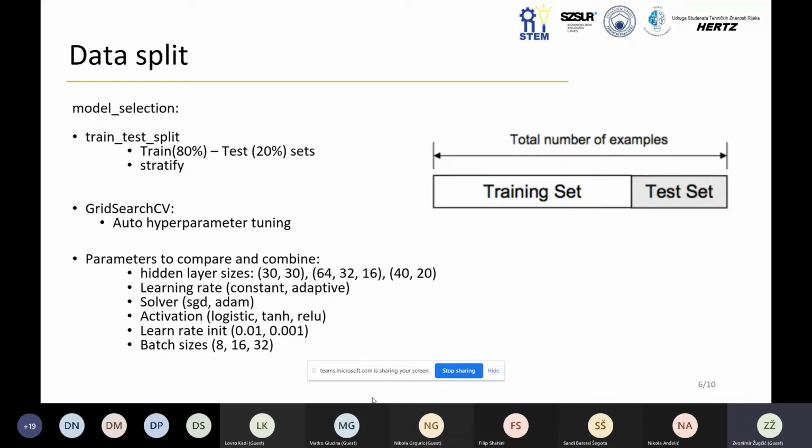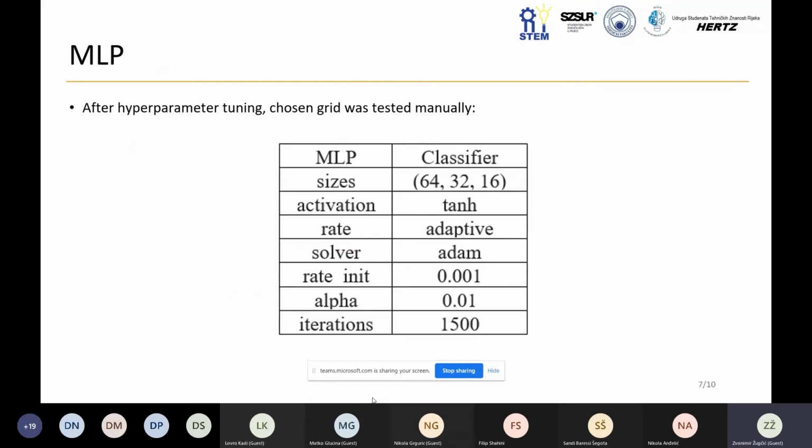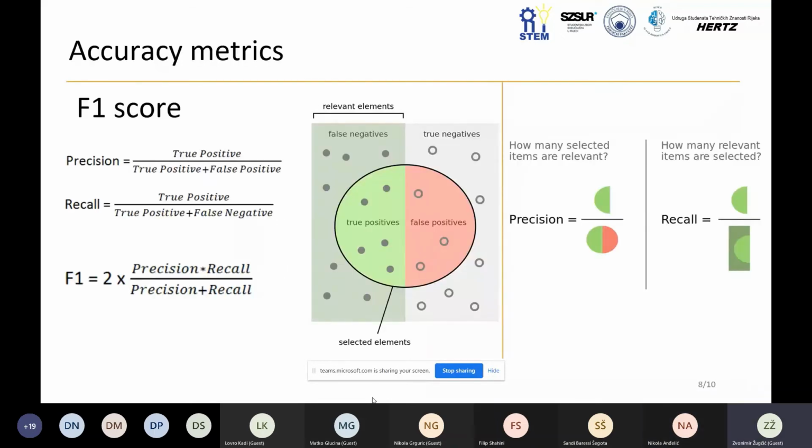So we settled for this MLP classifier with 3 hidden layers, with sizes 64, 32, and 16, and those values are shown here. And other than base accuracy, the task was to rate it with F1 and AUC scores, those accuracy metrics.